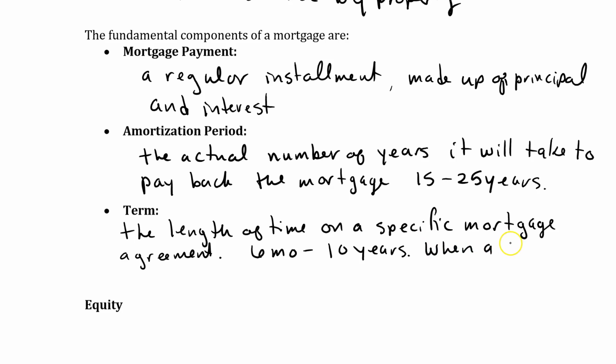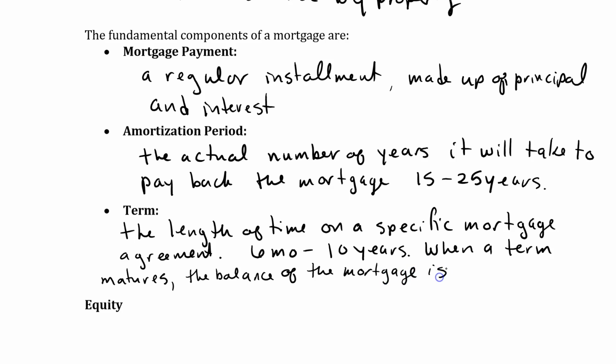When a term matures, the balance of the mortgage is renegotiated for another term, potentially using different rates and conditions.